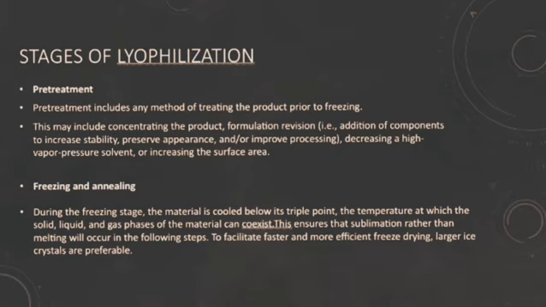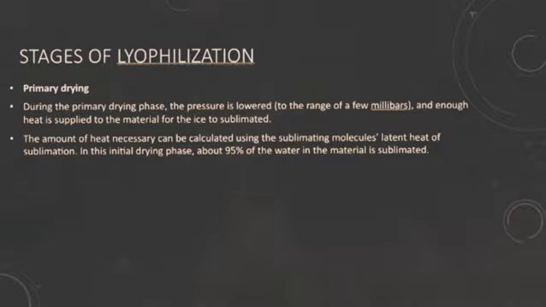Creating larger ice crystals at this stage helps make the process more efficient. Third, primary drying. The pressure is lowered and heat is applied. About 95% of the water is removed through sublimation. And fourth, secondary drying. This stage removes any remaining water molecules.